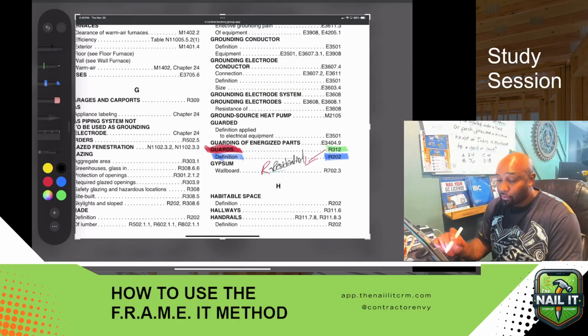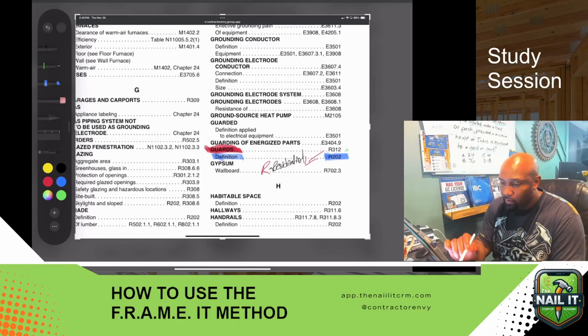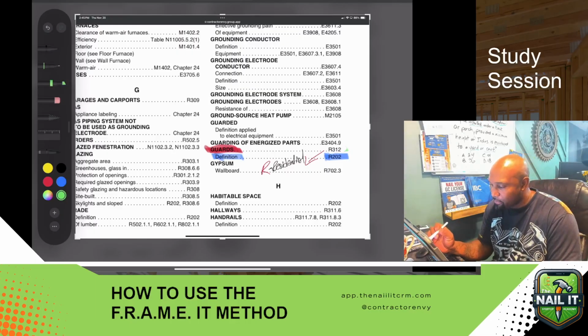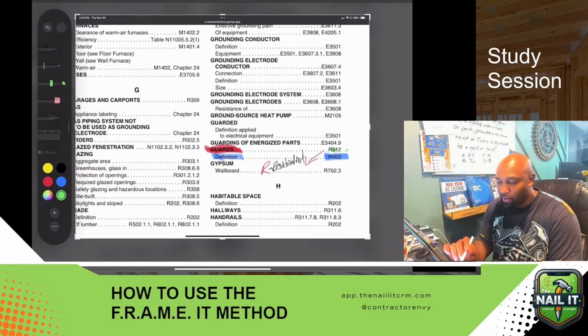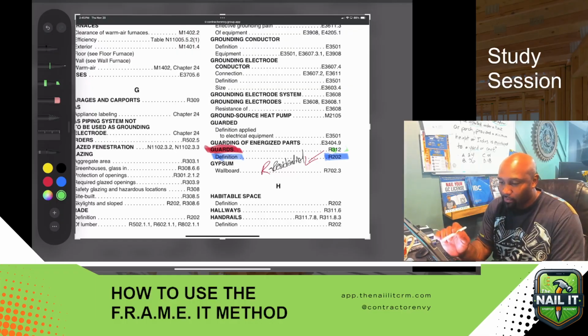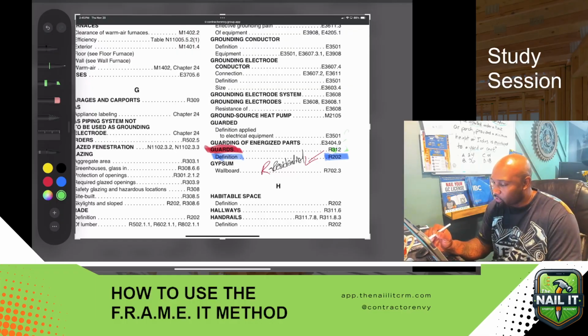Okay. The 3, I'm just looking at just this 3, that's going to be the chapter.